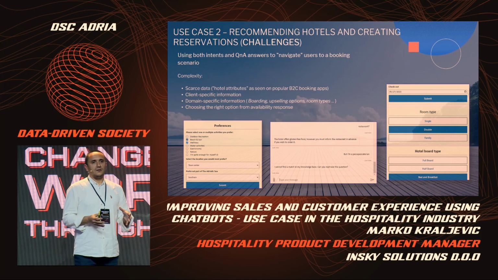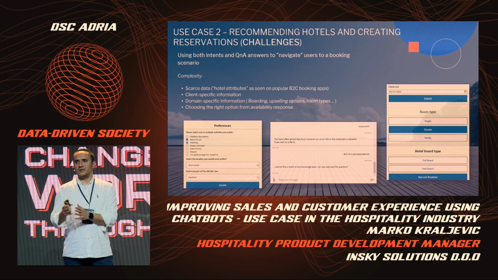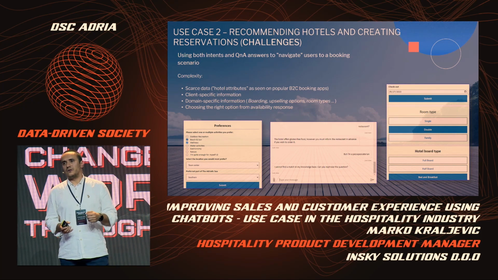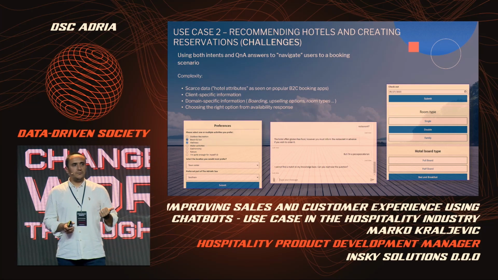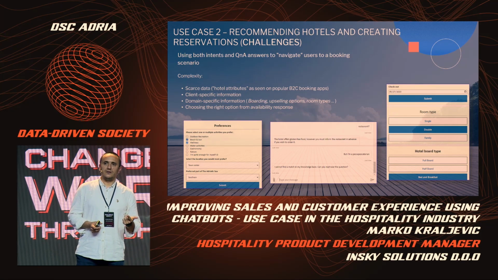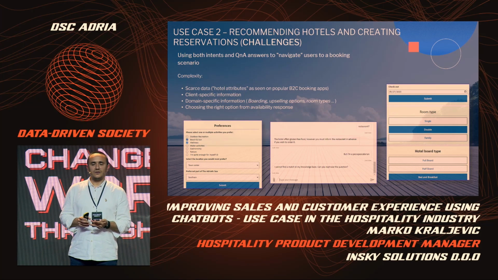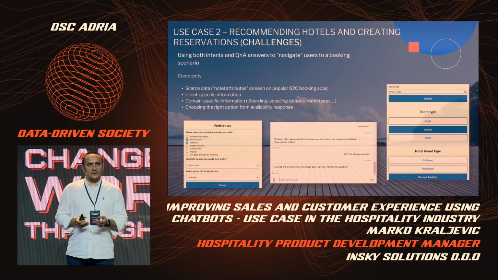Usually, we start with three. If the hotel group has more than 10 or 20 hotels, we give three different solutions: cheaper, middle, which focuses on the best recommended for the customer, and further, with the highest price.